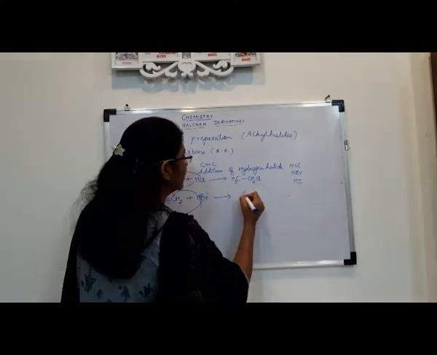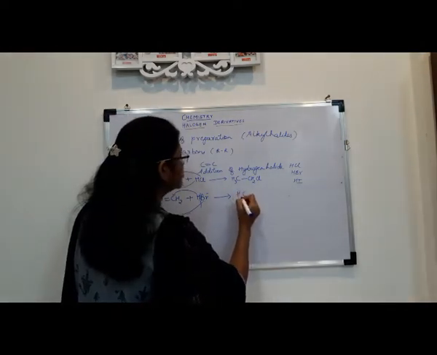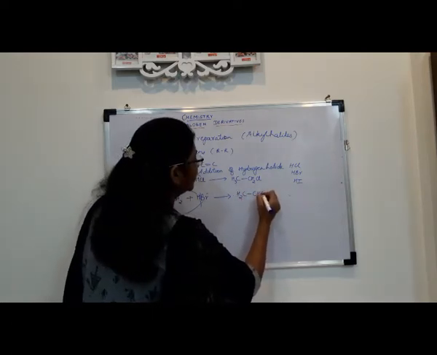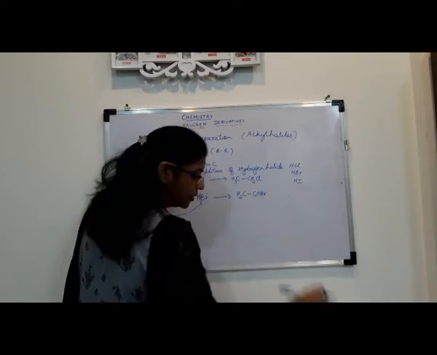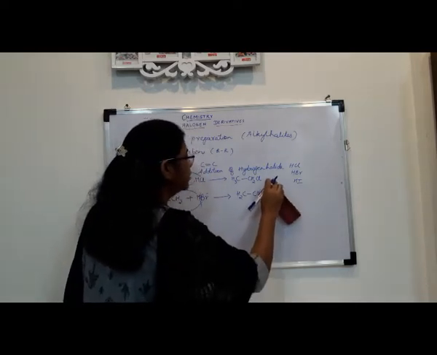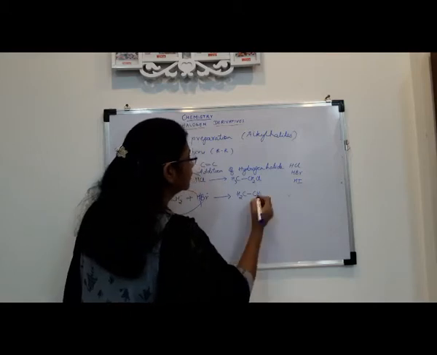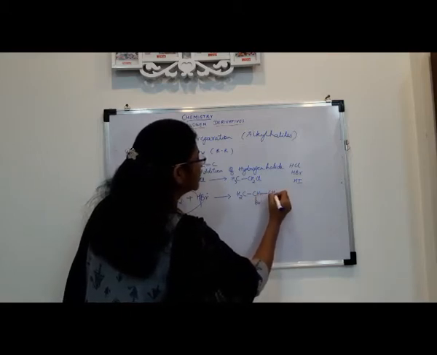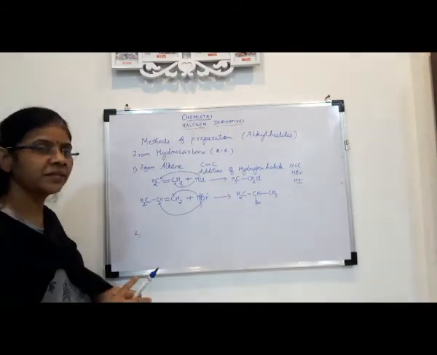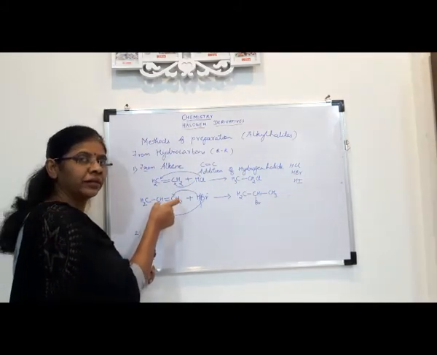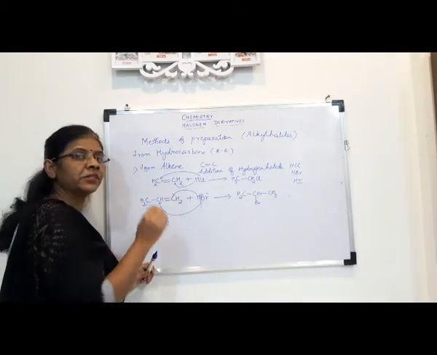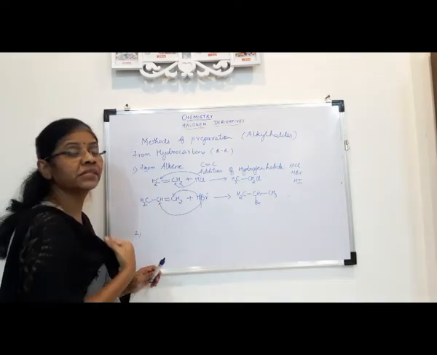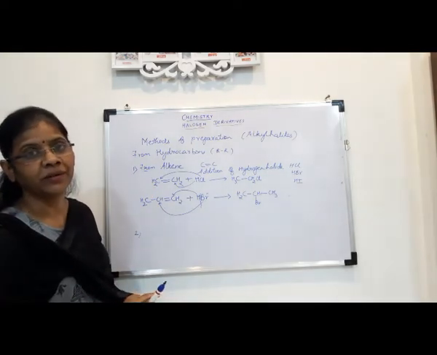So what are you going to get here? You're going to get CH3, CHBr, single bond, CH3. If I write it like this, it will be better. What is happening in this case? The double bond is being replaced by the single bond. And how does addition take place? Addition takes place across the double bond. Got it?